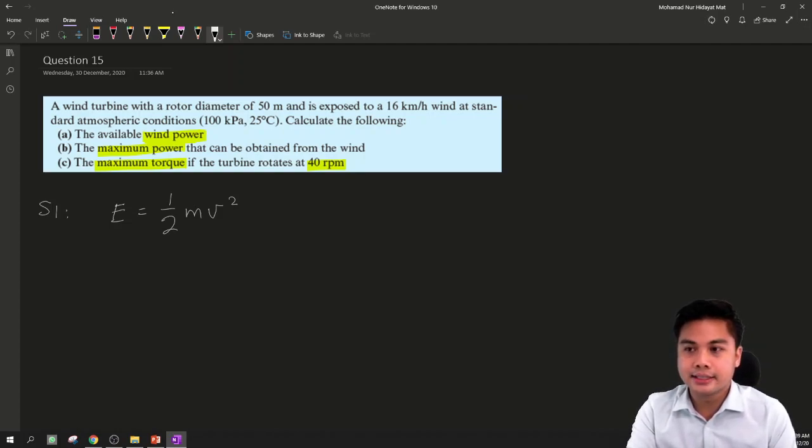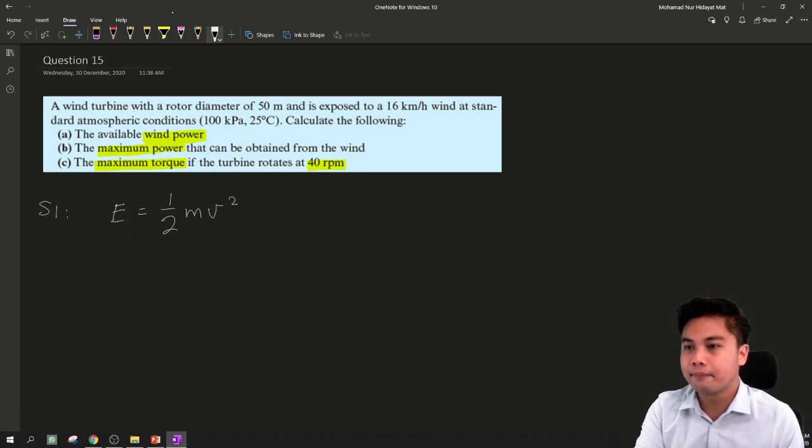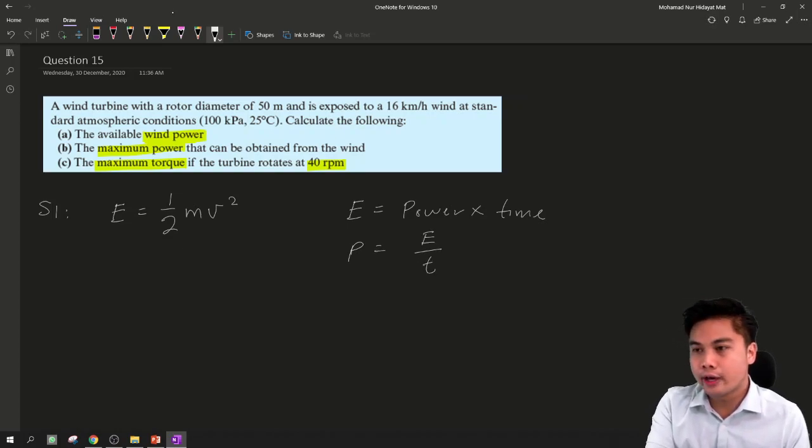To convert the energy into power, we know that energy E equals power times time, P t. In order to get power, energy over time, we have to divide all this by time.